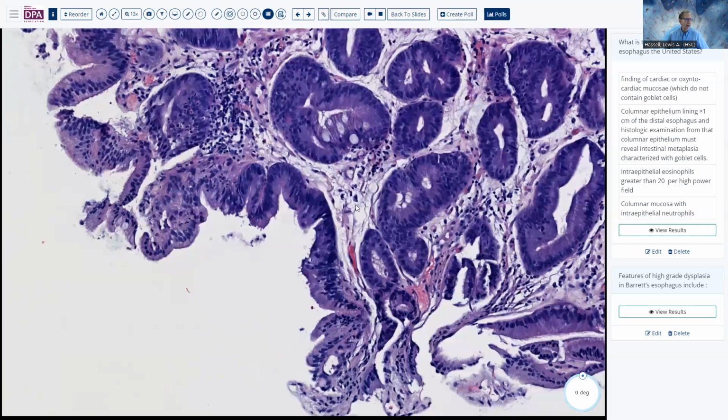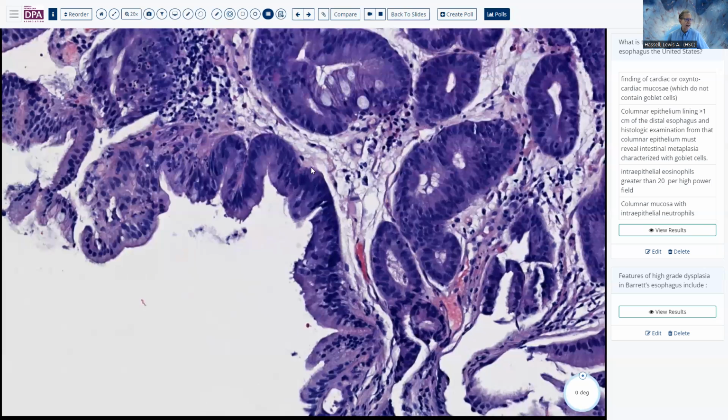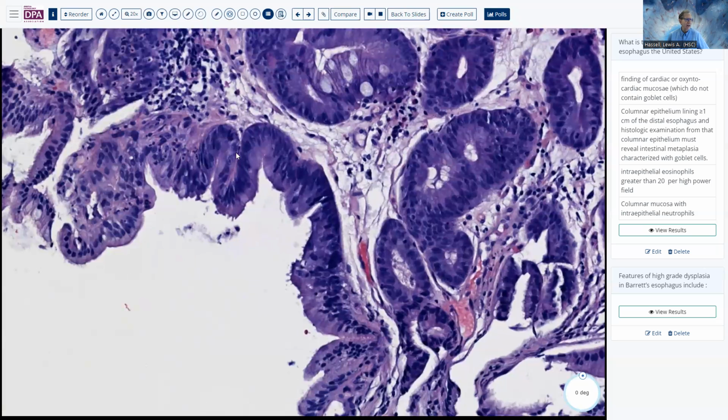So in general, what we like to see is the extension of cytologic atypia to the surface. And here, in this area, you can see a little bit of opening of the nuclei, some stratification. So this kind of an area might lead you to be suspect of low-grade dysplasia.